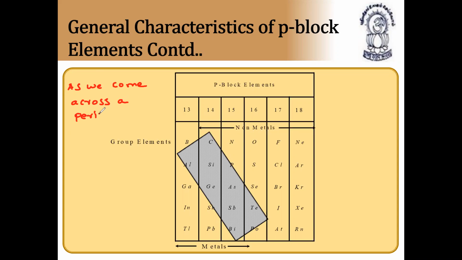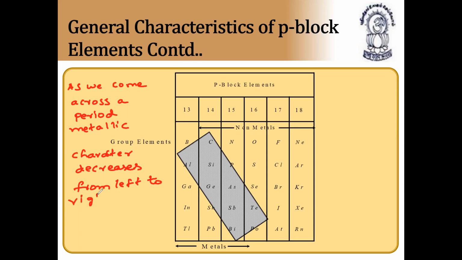As we come across a period, metallic character decreases from left to right, and non-metallic character increases.